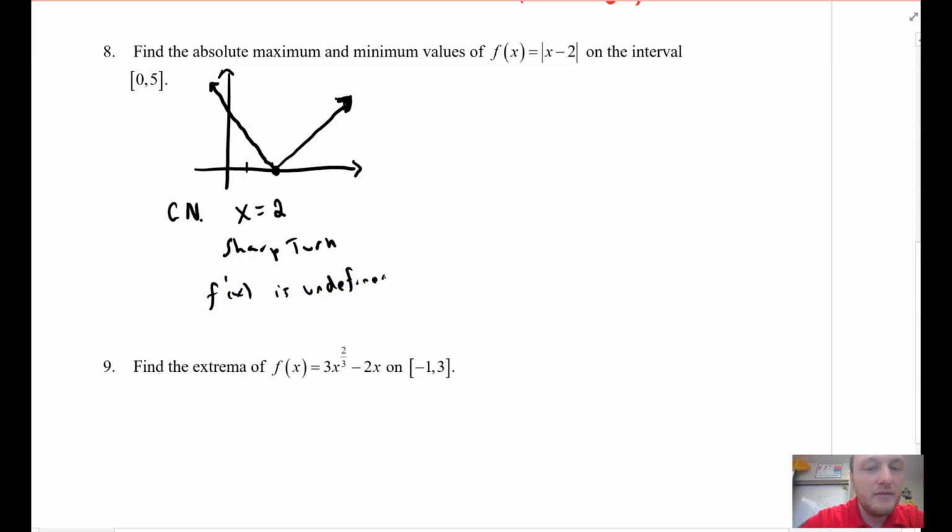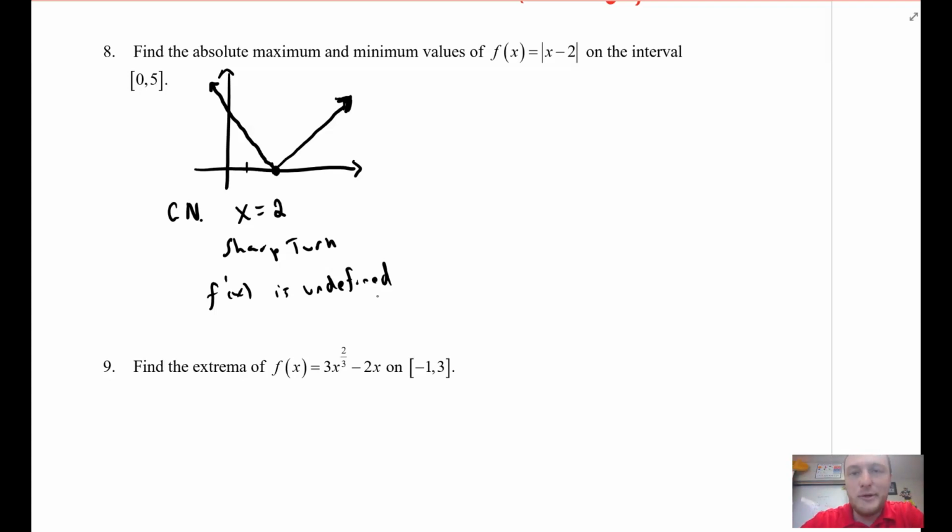Okay, I don't have a derivative for that. So that is a critical value, okay? Notice for the rest of the function, absolute value functions, there are no derivatives that equal 0. So we don't have to worry about those, but we do have a point of non-differentiability, okay?